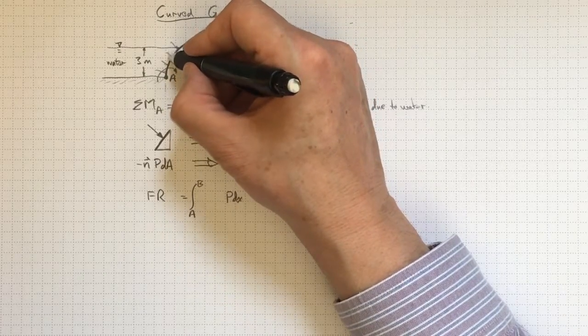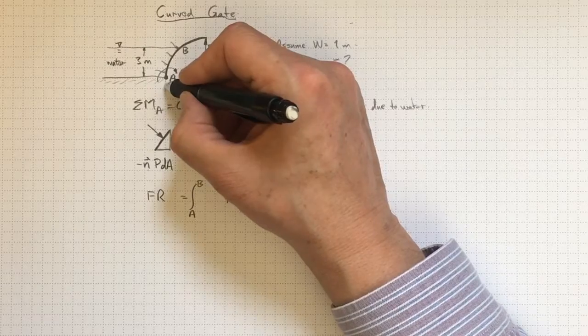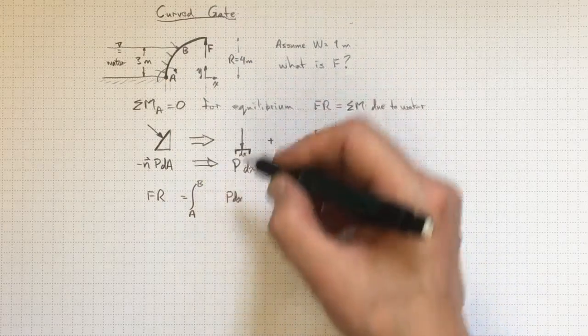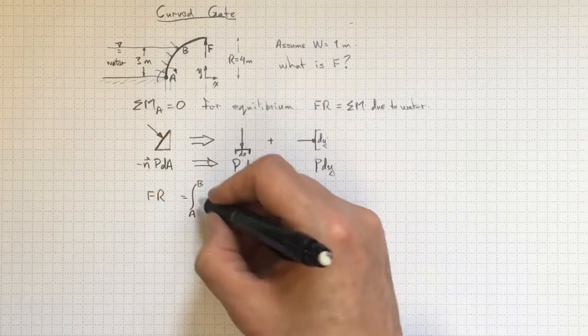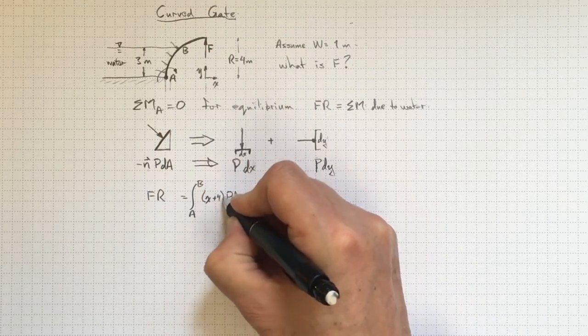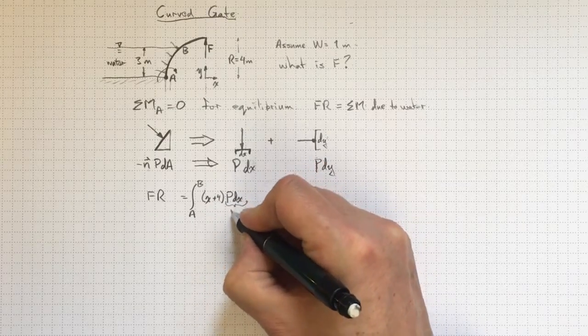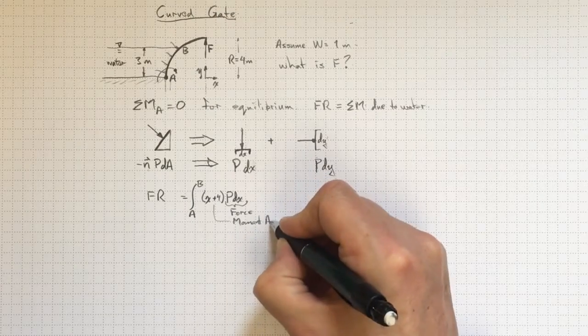And if we've got a force acting downwards here and it's offset just a little bit over this way from A, then the location that it's at, the radius out from A, will be equal to x plus 4. So this is the force, and this is the moment arm.